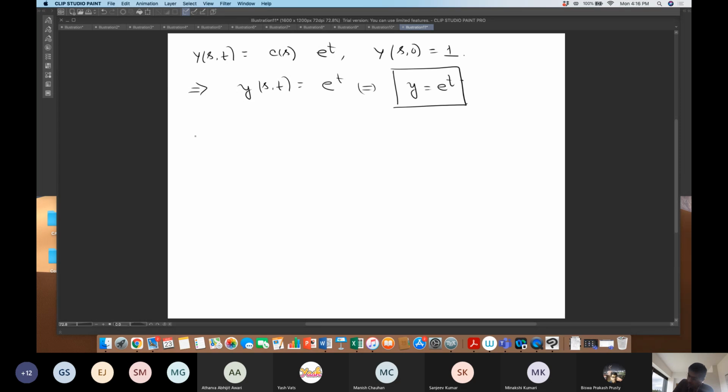Okay. Now you can use the sum trick and you will get d/dt of (x plus z) is x plus z. What is the solution? Same thing. This implies x plus z is a constant c1 depending on s times e to the power t. The initial value, x at time t equal to 0, is 3s.